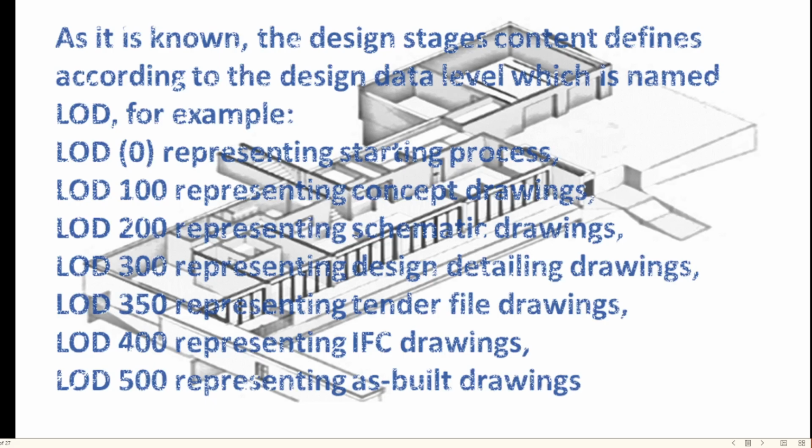For example, LOD 0 representing static process, LOD 100 representing concept drawings, LOD 200 representing schematic drawings, LOD 300 representing design detailing drawings, LOD 350 representing tender file drawings, LOD 400 representing application and shop drawings, LOD 500 representing as-built drawings.